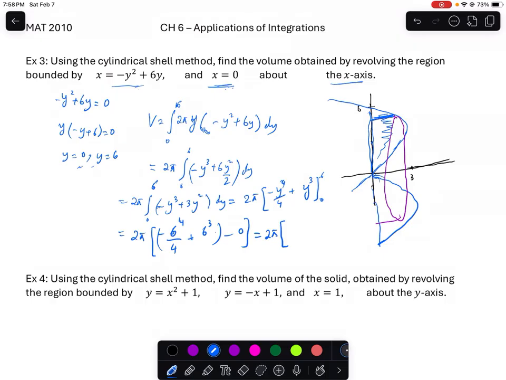Now 6 to the 4 is 1296. Let me put this first.